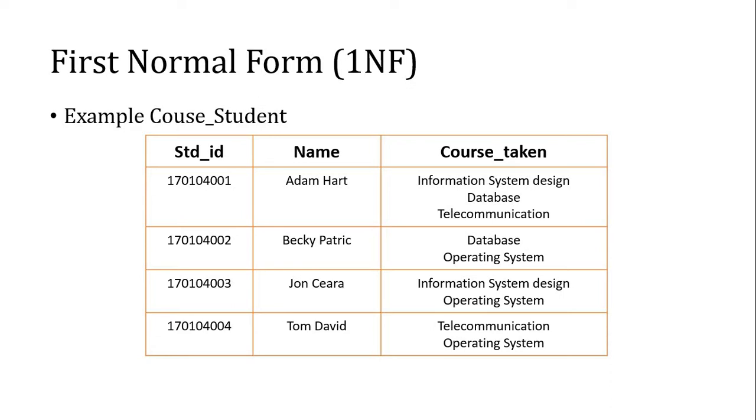Rule number 2 is whenever the data are put in the columns, it should be from the same domain. Here all the data are in the same domain, all the data types are the same, so that is maintaining the rule. Number 3, all the column names should be unique. Here student ID, name and course taken are all unique names for the attributes, so it also maintains the rule.